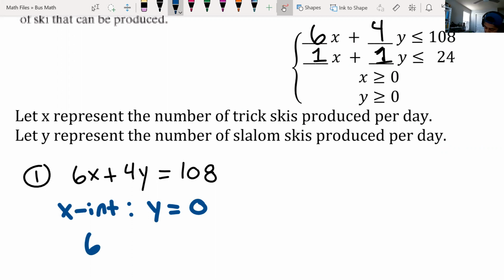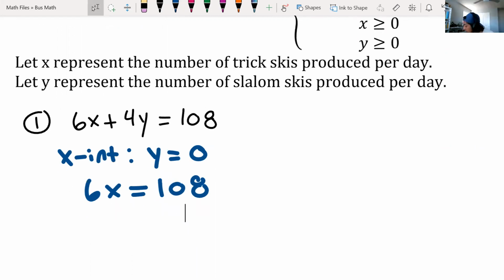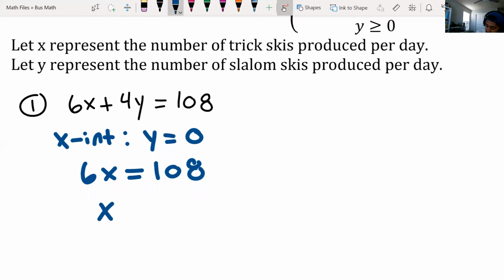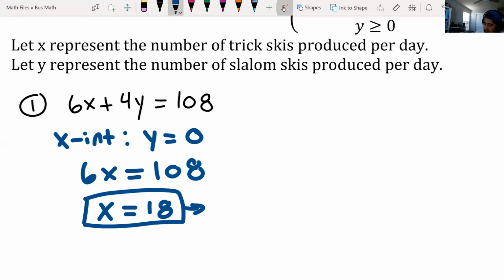You'd get 6x equals 108, and 108 divided by 6 is 18. So x would be 18, giving the point 18, 0.